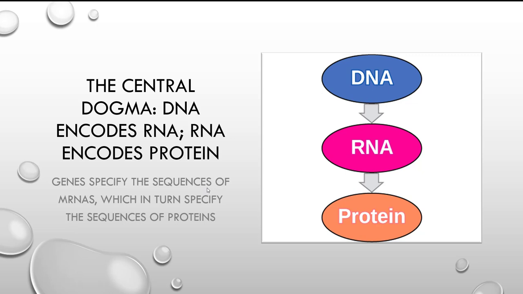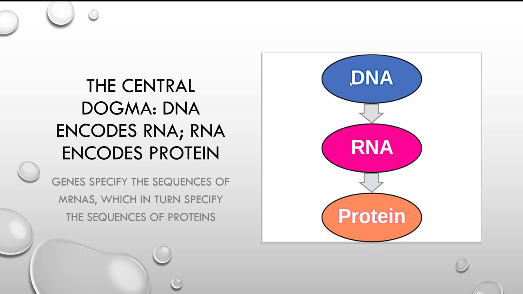The central dogma of biology is a huge, big deal, and it's very simple: DNA encodes RNA, RNA encodes proteins. This basically means that our individual genes specify the sequences of the mRNAs, which in turn specify the sequences of the proteins.